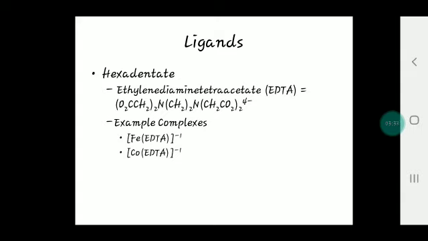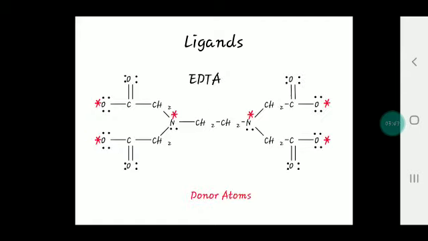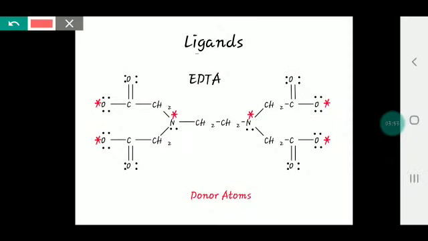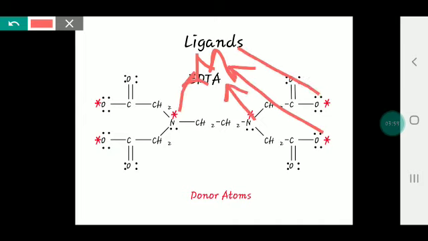Next we'll see the hexadentate ligand, or else we can say a polydentate ligand. More than two donor sites, those we call a polydentate ligand. An example is ethylenediamine tetraacetate. In this case we have six donor sites through which it will bind with the metal atom.